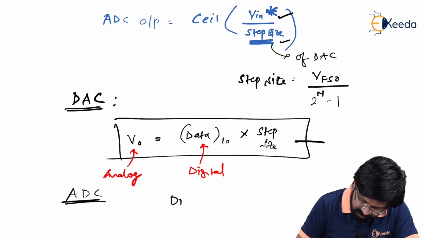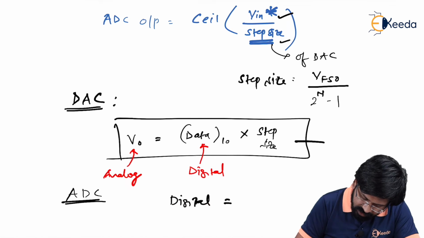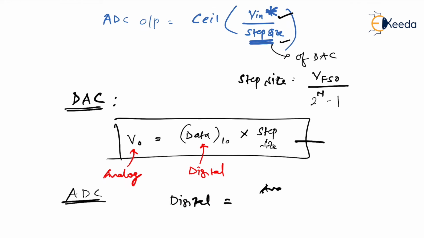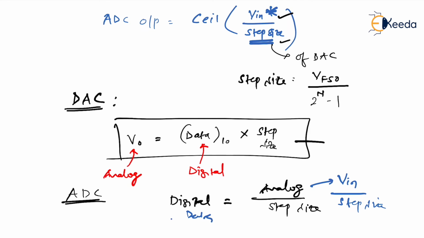The digital data is equal to analog data divided by step size. But what is analog data? Analog data is nothing but voltage, so I can replace it with Vin. Vin divided by step size gives you digital data. This is your formula: ADC output is equal to Vin upon step size.